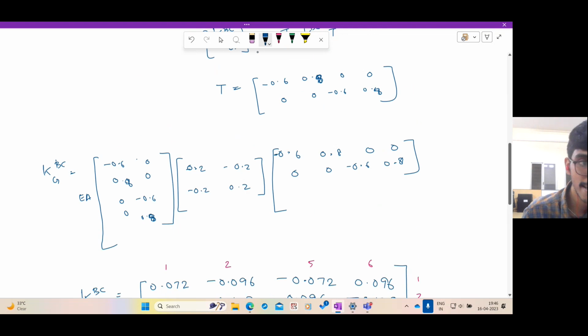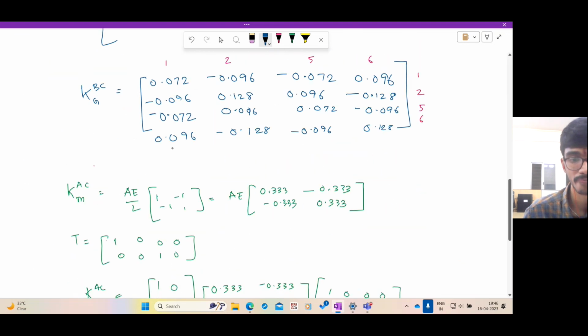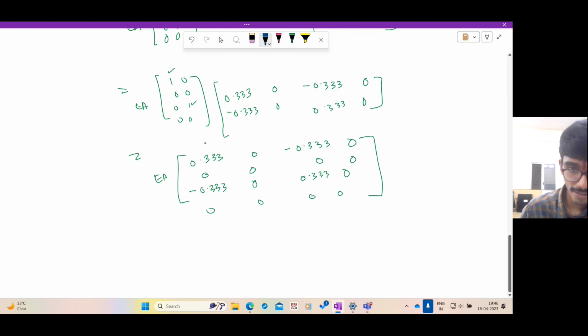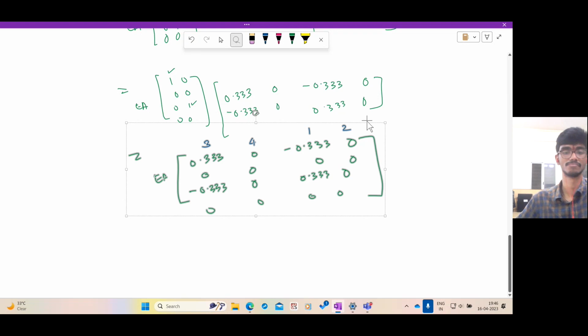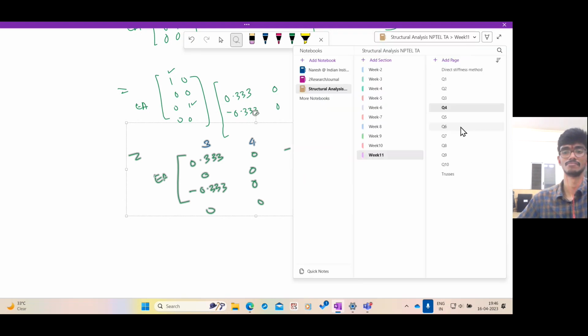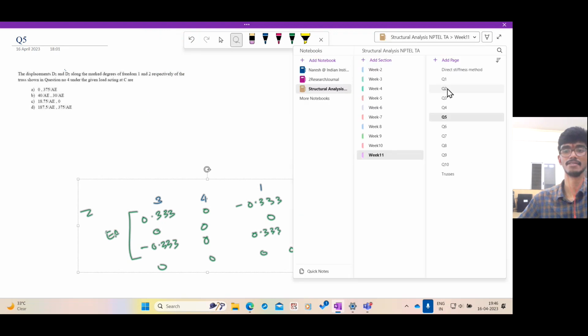But what does AC connect? AC connects A to C. A has the degrees of freedom 3 and 4, and C has the degrees of freedom 1 and 2. So these are 3, 4, 1, and 2. Now let us take these two matrices, this one and the other one.